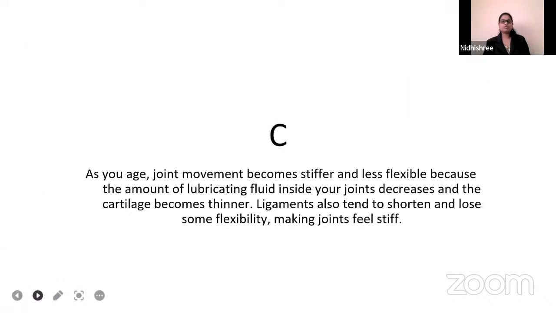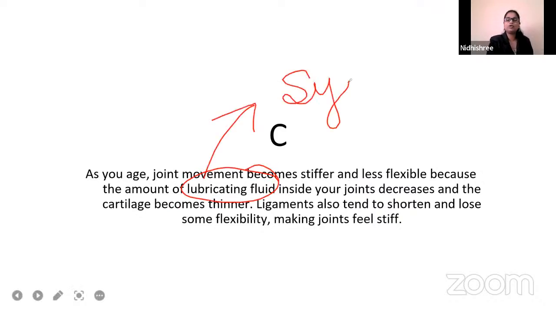The right answer is option C. As we age, joint movements become stiffer and less flexible because of a decrease in the amount of lubricating fluid. This lubricating fluid is nothing but synovial fluid, guys. And the cartilage, the soft tissue, also becomes thin. Ligaments also tend to shorten and lose some flexibility, making joints stiff.